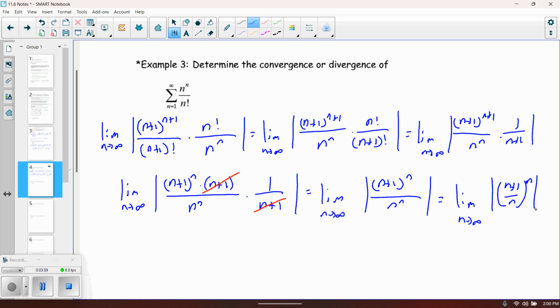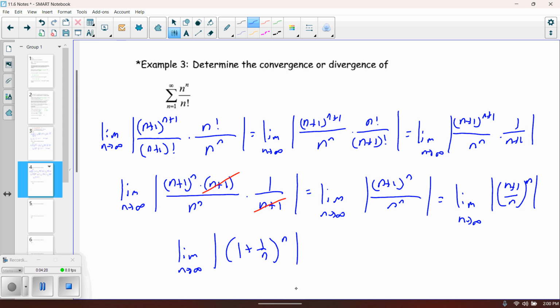And you might still be looking at that and thinking, how does that help? Well, let's simplify what's inside that parentheses. We've got n plus 1 over n. I can separate each one of those pieces on top of the n denominator, and what we get finally is the limit as n goes to infinity of 1 plus 1 over n, all raised to the n power.